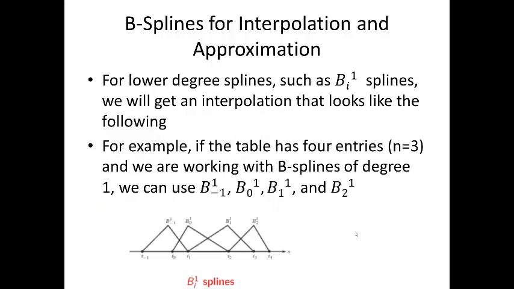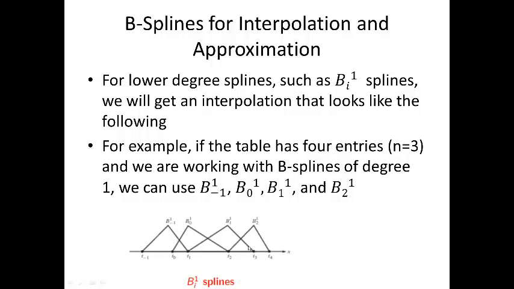Well, for lower degree splines such as B_i^1, these are the degree 1 splines, we'll get an interpolation that looks a lot like what you see at the bottom. Now this is the chapeau, or the hat-shaped function for the individual B-splines.